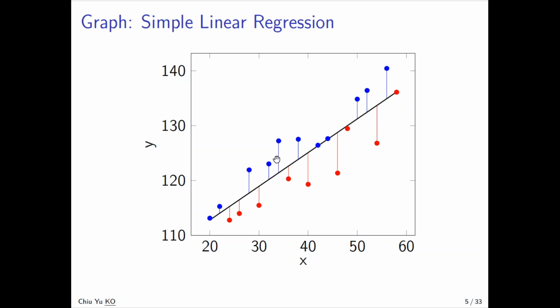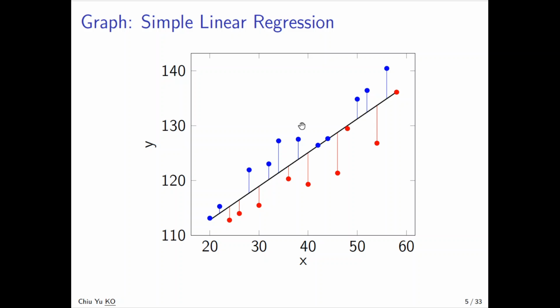Of course, there are many ways, for example why you use the vertical line and not the perpendicular. But we just focus on this vertical definition because there are a lot of nice properties here, and later we will show why.